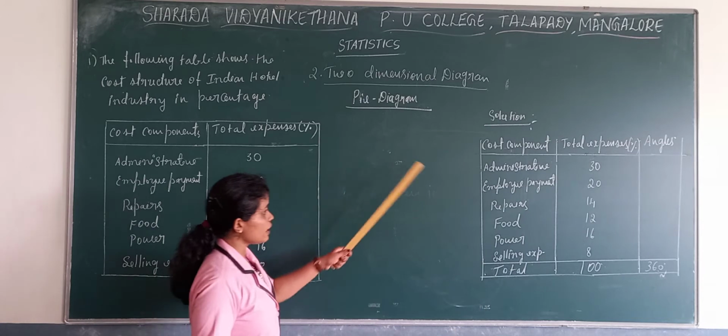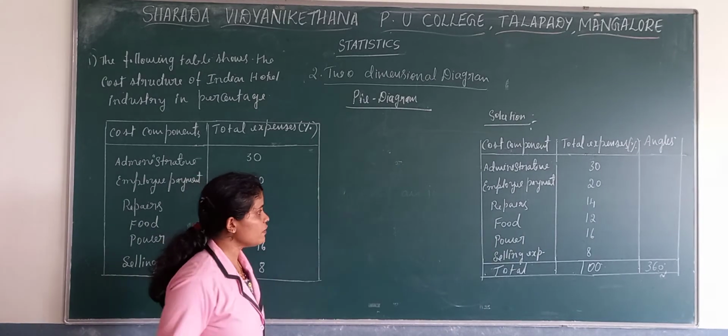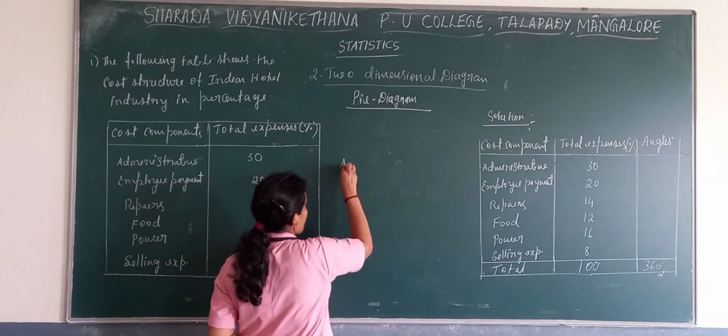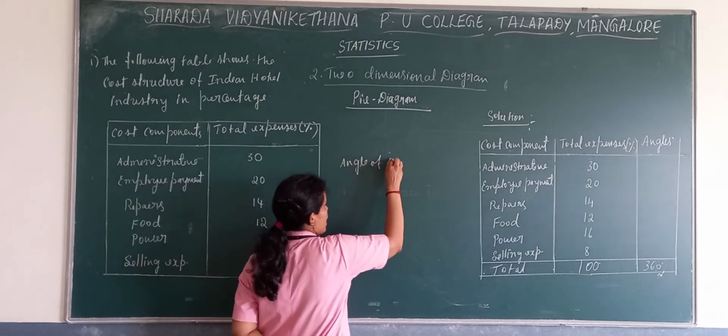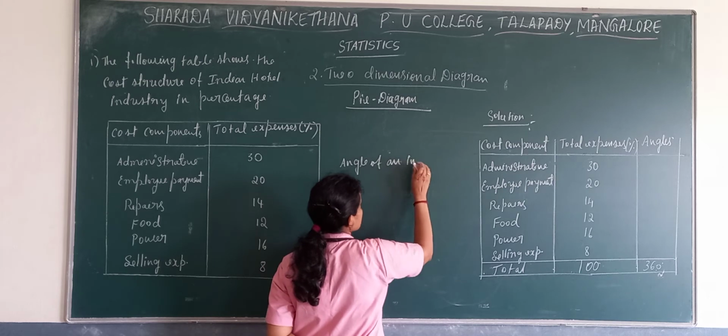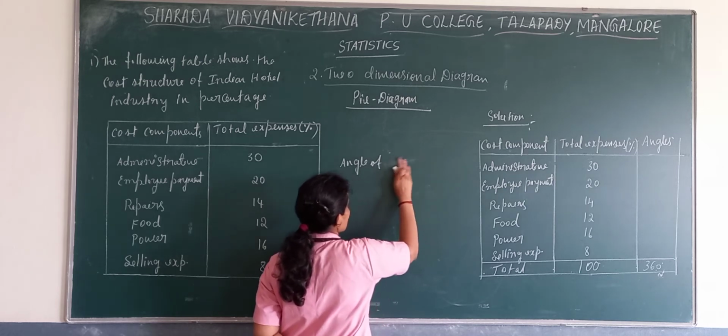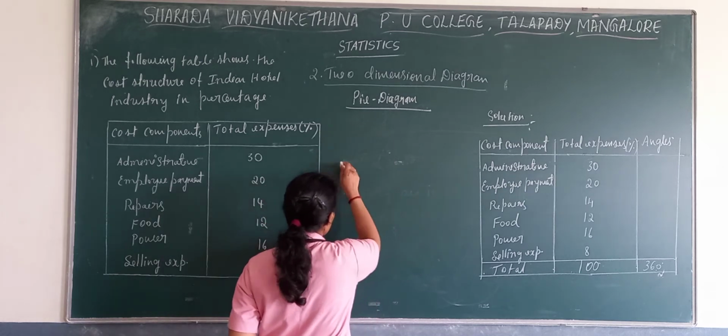Now, after preparing the table, we need to find the angle of an individual component.